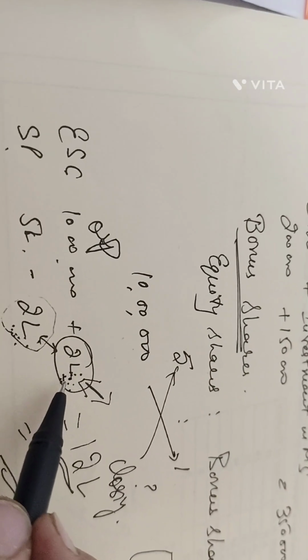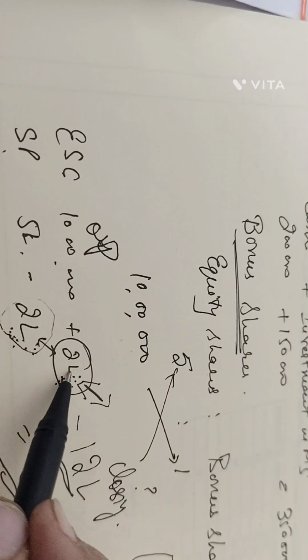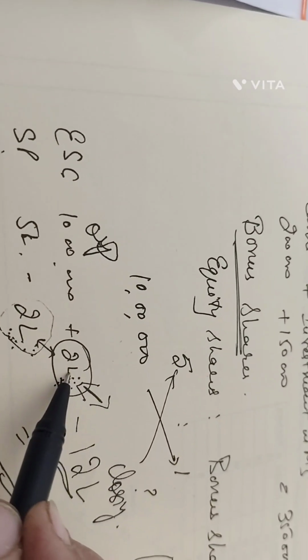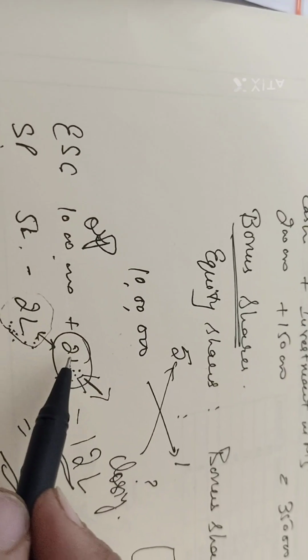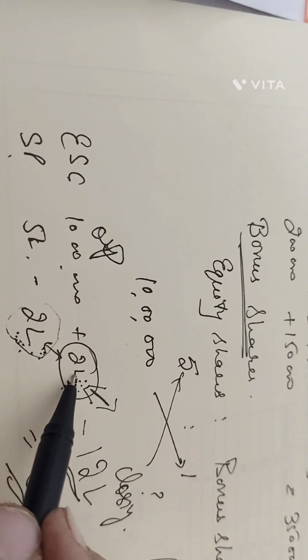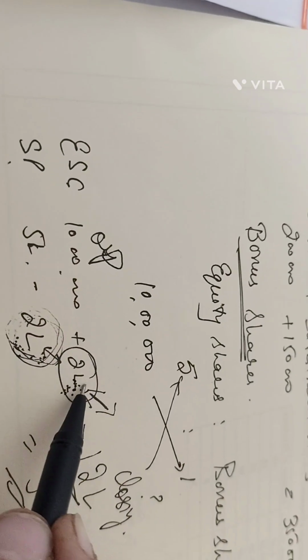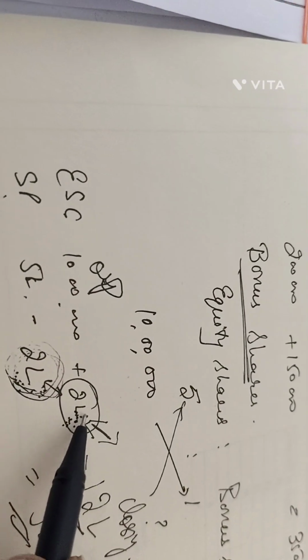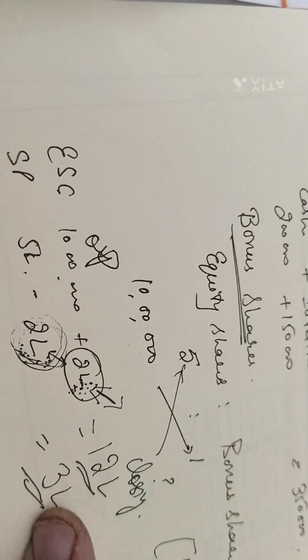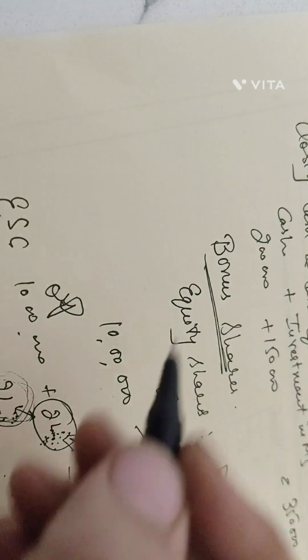So here you learned a new point: this issue of bonus shares will not be shown anywhere in your cash flow statement, because there was no inflow and no outflow of cash. Only reserves were utilized to issue equity share capital. If we have to pass the journal entry, it is not in your syllabus, but if you want to know about this, this is what we have done.